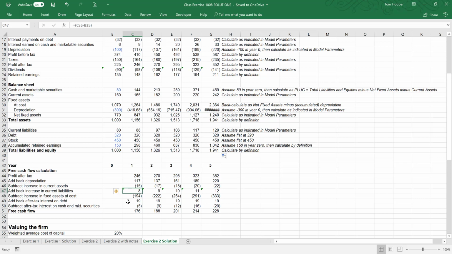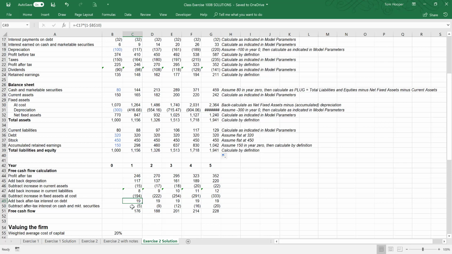He covers this well in the chapter, so be sure to read through that. We're also going to add back our after-tax interest on the debt. We paid interest up here, and we got a tax break for that, and what we want to reflect on the cash flow calculation is the after-tax portion of that interest. So we'll take the interest times 1 minus the tax rate, make it a negative, and that will adjust our profit after tax again toward free cash flow.